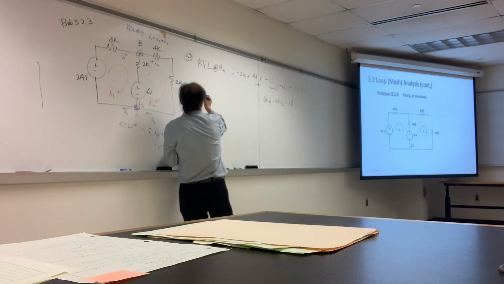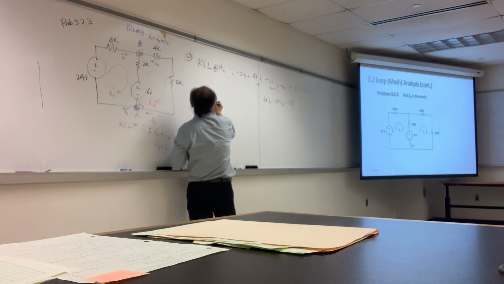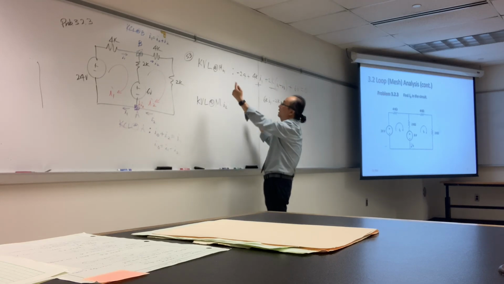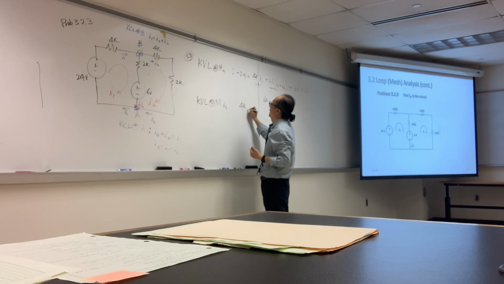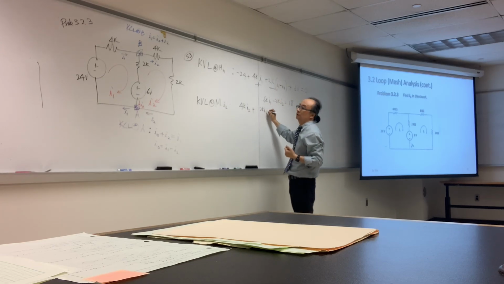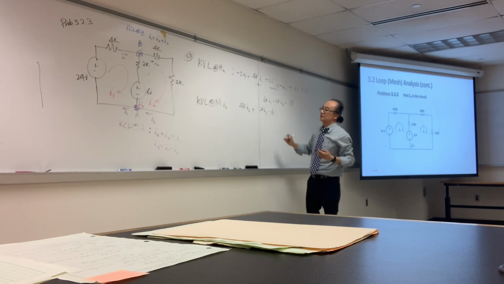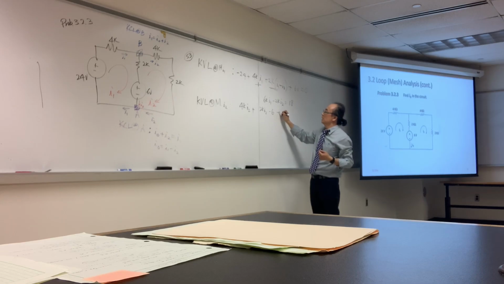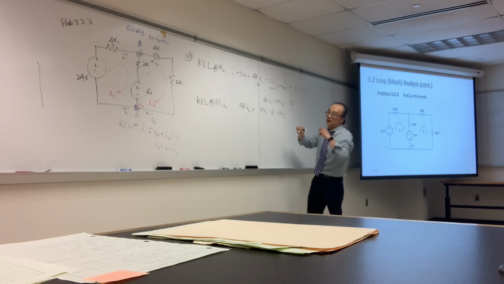And the second equation, we need to do KVL at mesh I sub 2. So we're going to start from 4K. 4K times I sub 2 plus 2K times I sub 2 minus 6, going into the negative terminal of the voltage, and then plus 2K this time.